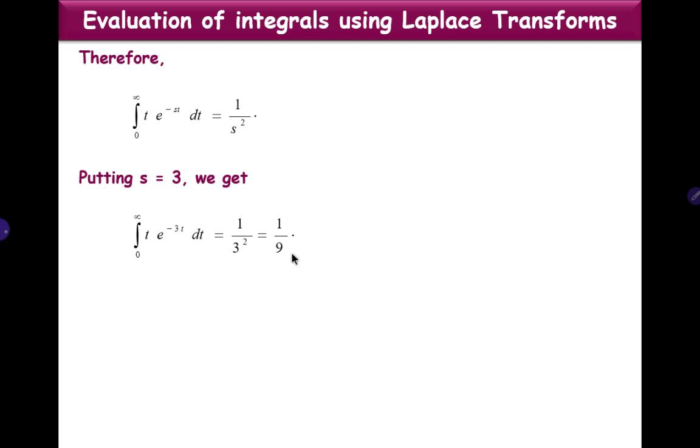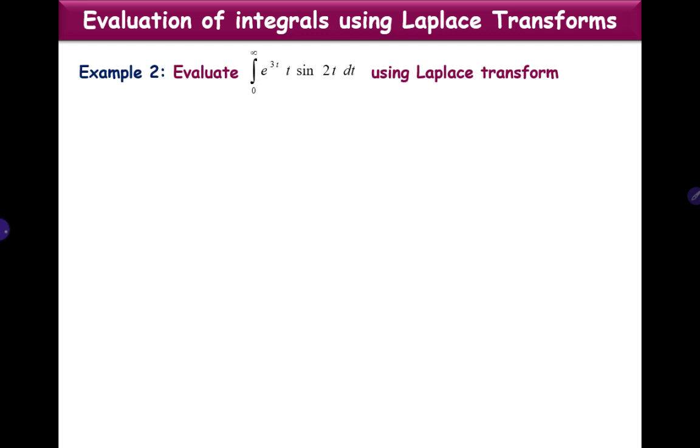See how easy it is to evaluate these integrals using the Laplace transform technique. So, now let us go to the next problem. Evaluate integral 0 to infinity e power 3t into t sine 2t dt. Compare with the definition of Laplace transform.